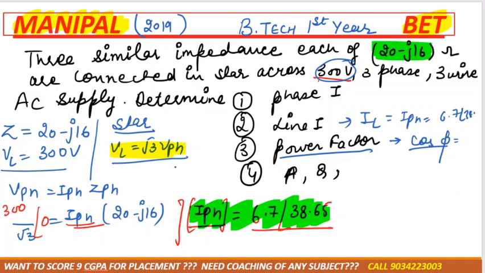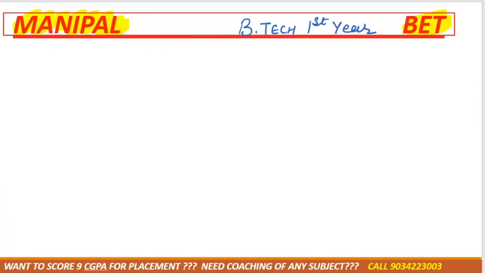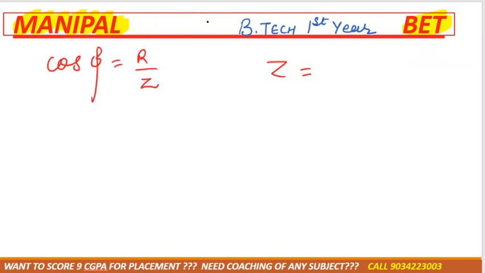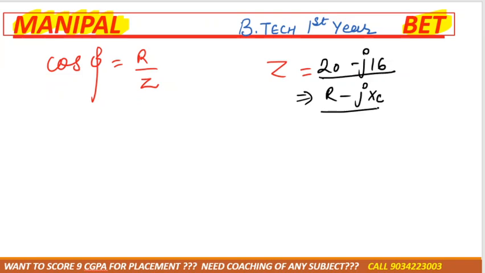See, calculation of cos phi, you will have two methods. One of the methods: cos phi is R by Z, and they have given Z as 20 minus J16, right? If I compare it with the standard equation R minus JXC, R we get as 20, correct?